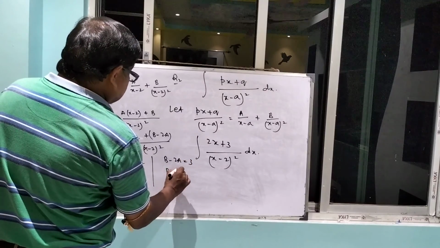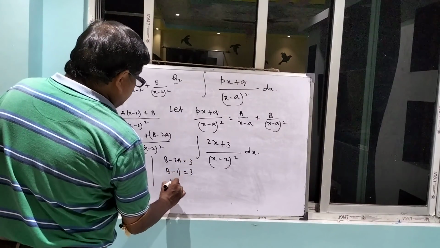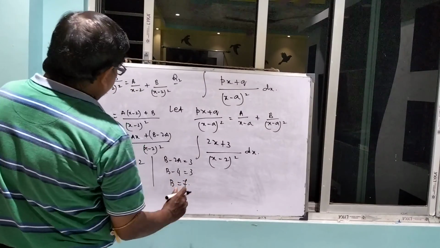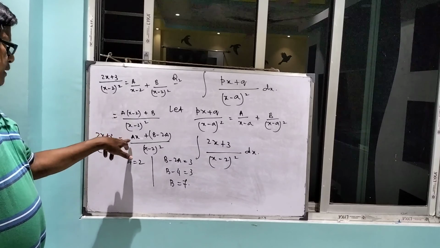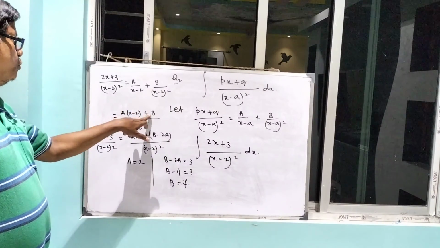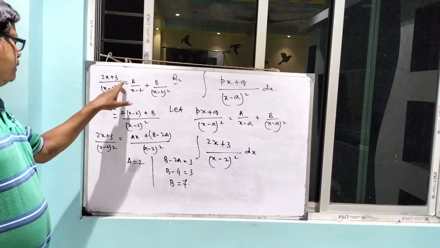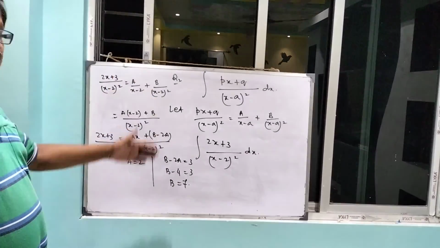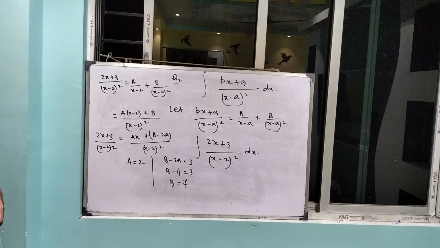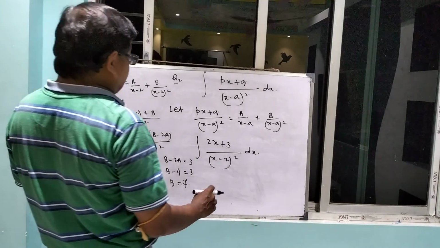So b minus 4 equal to 3, so b equal to 7. If you put x equal to 2 here, you will also get 7, no problem. This previous process you can also do. So a is 2, b is 7.